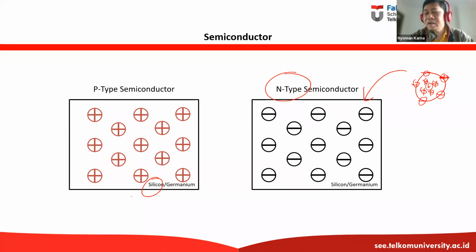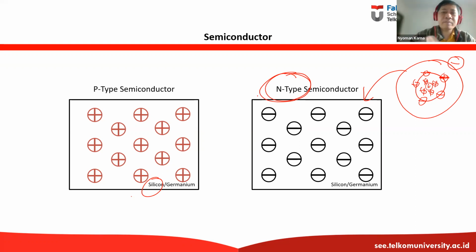So instead of only 4 electrons, we add another electron into this atom. That means this atom will be a negative ion. And then we put that atom inside the silicon, so we have the N-type or negative-type semiconductor. So it's something like a resistor with electrons flowing through inside this silicon.